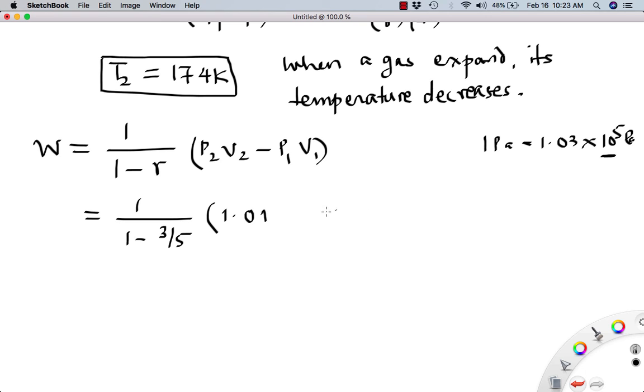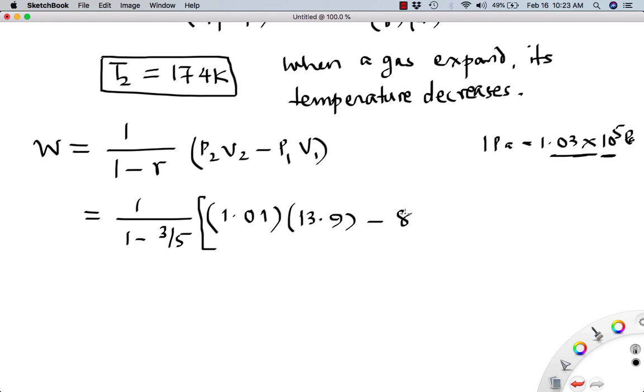So that's pressure 2, volume 2 is 13.9, and pressure 1 is 8 times that, and then take 10 to the 5th outside the parenthesis.